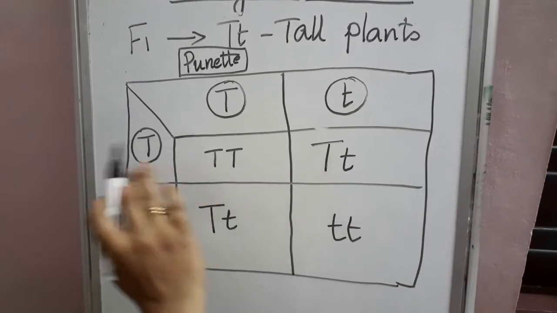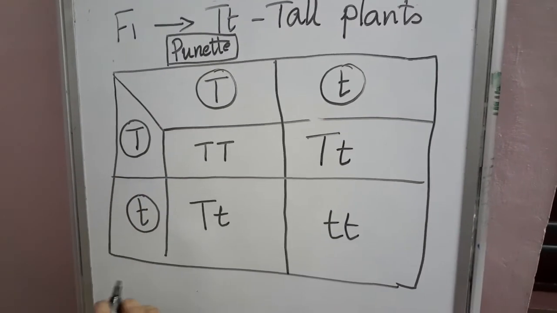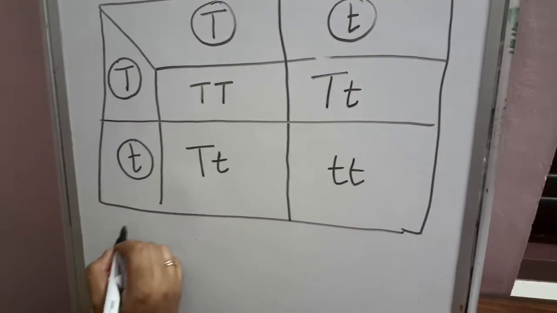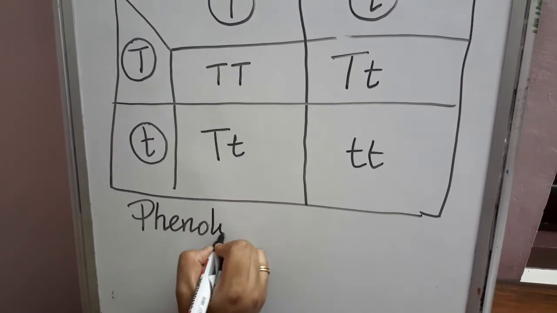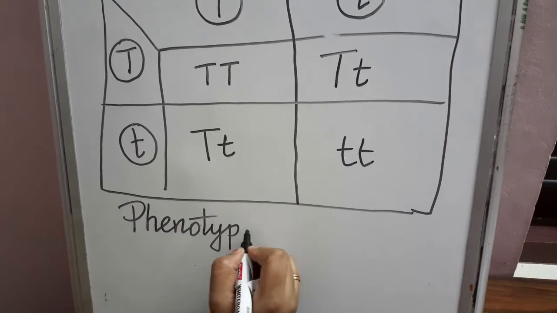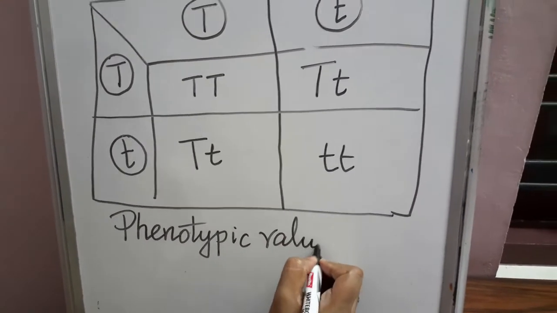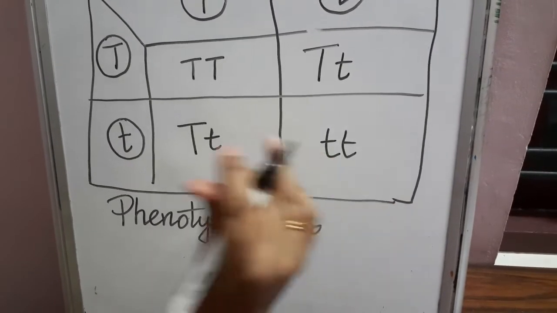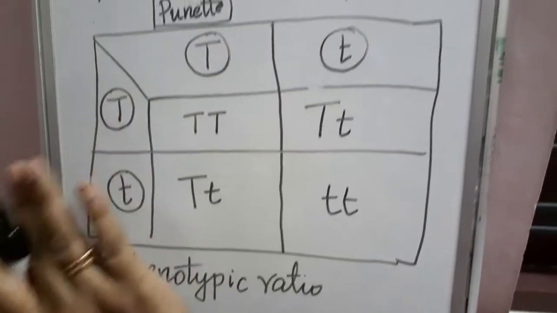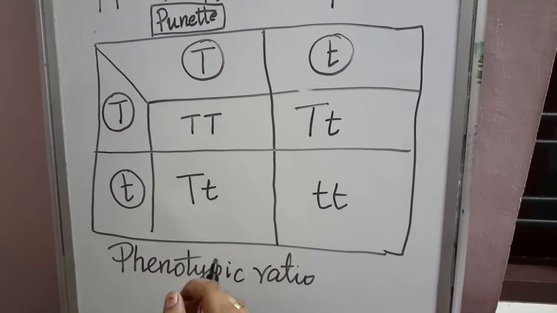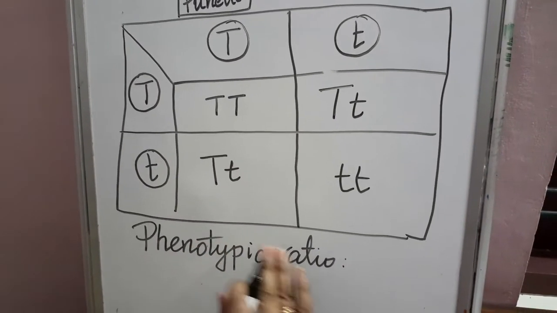After doing this experiment, he got two observations, one phenotypic and one genotypic. Phenotype, as I already told you, means the physical characteristics of an organism. You should write it like this for the exam. If it asks for a monohybrid cross, after drawing the Punnett square or checkerboard, write the phenotypic ratio, meaning physical characters.